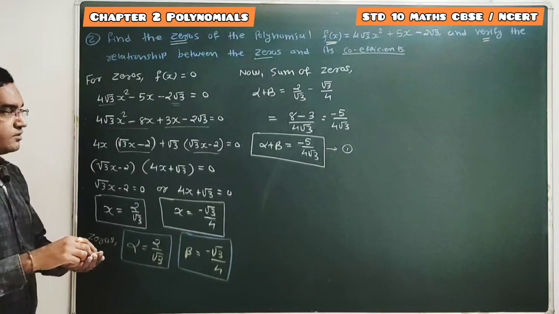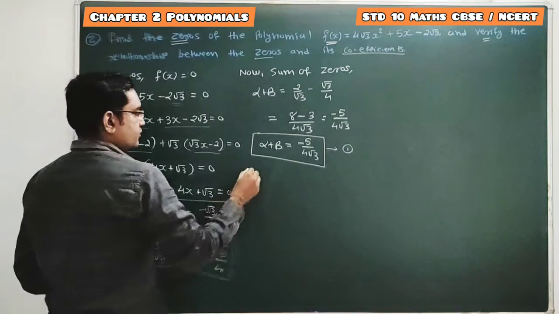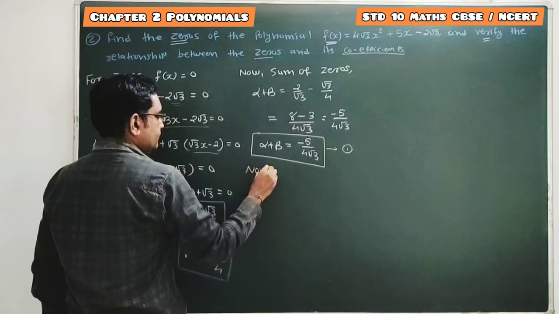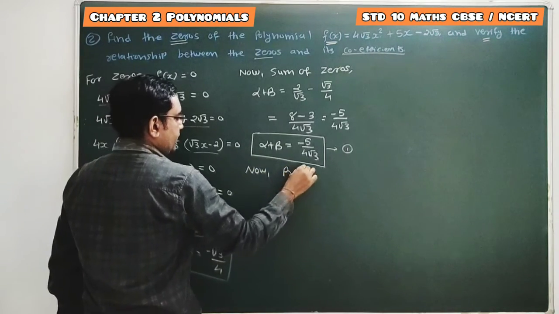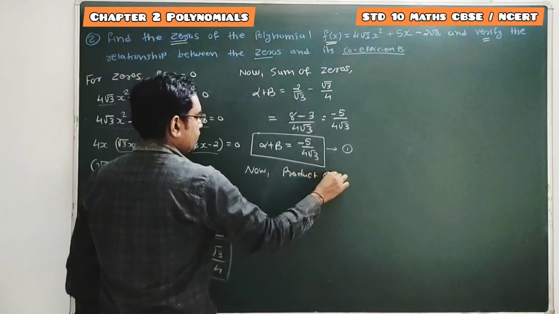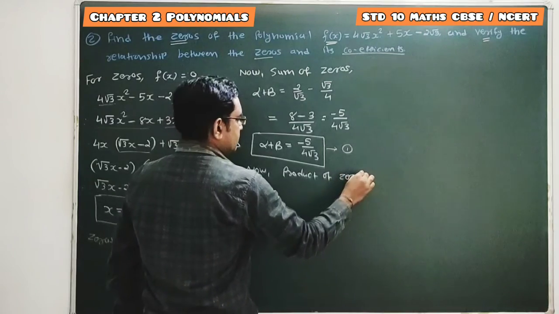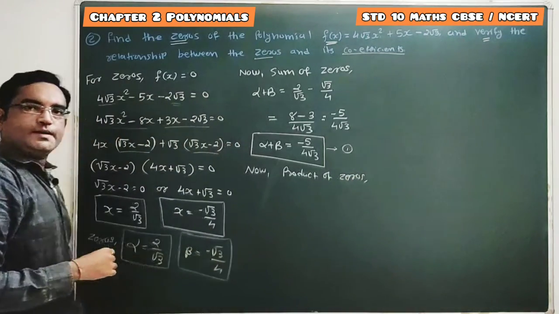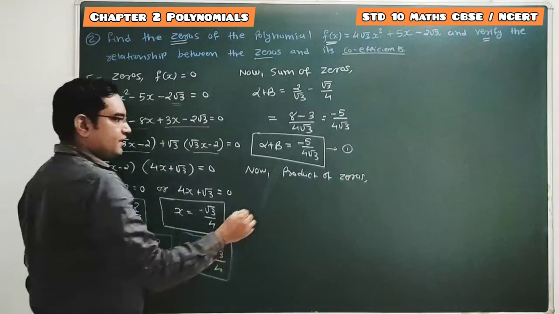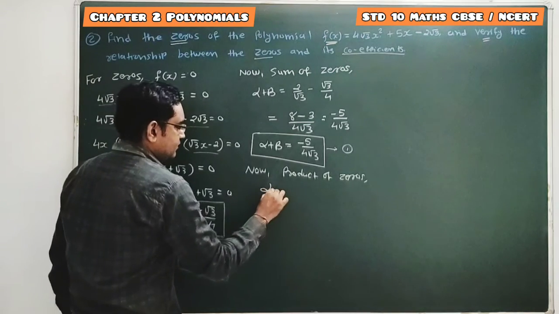Done. We have to find the sum of zeros and the product of zeros. So now we will try to find our product of zeros. Multiplication of zeros is alpha into beta.